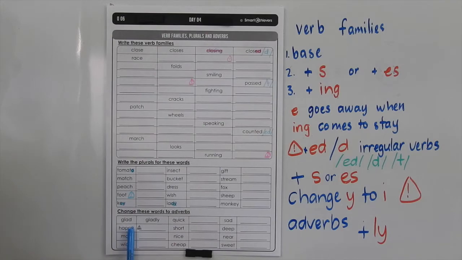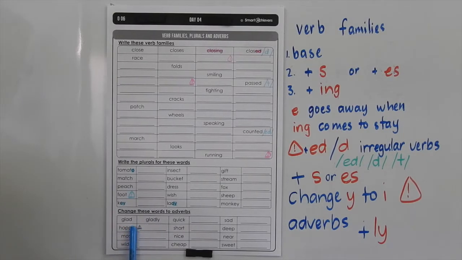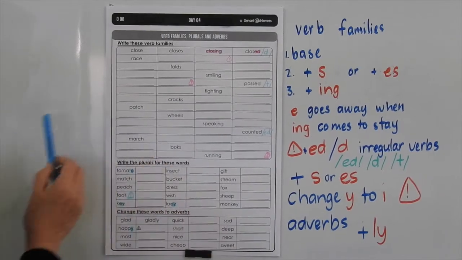Now if there is a Y at the end of a word and before the Y there's a consonant, you have to change that Y to an I before you add the ly. We've put the little alert there for you. You can't just say happyly, that's not a word, it's got to be happily. So you've got to change that Y to the I before you add the ly. So think very carefully and discuss anything you're having difficulty with within your group.